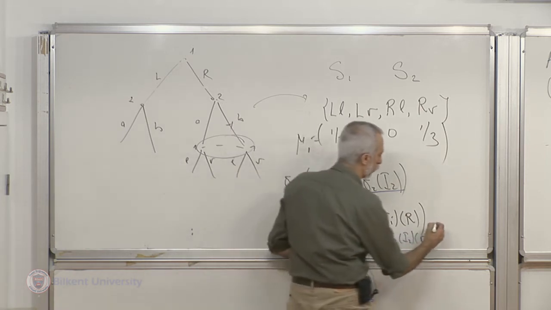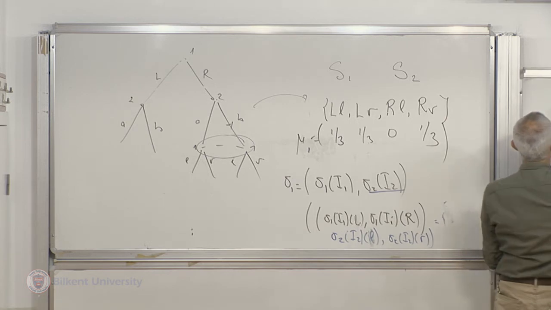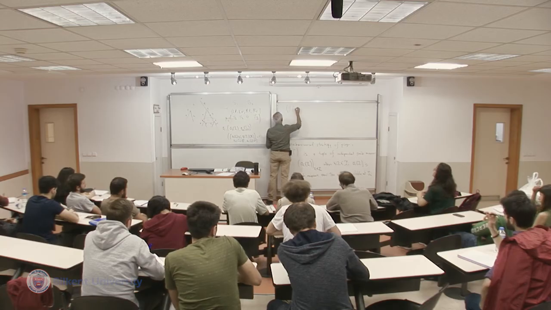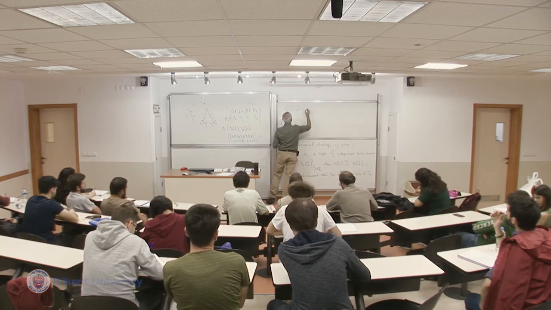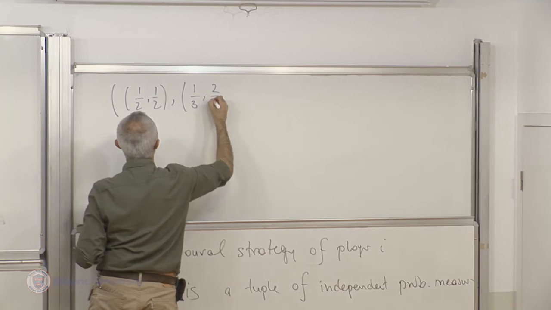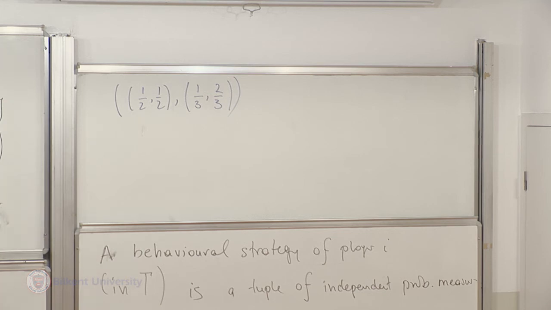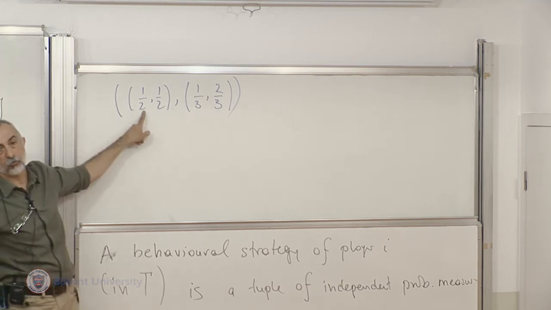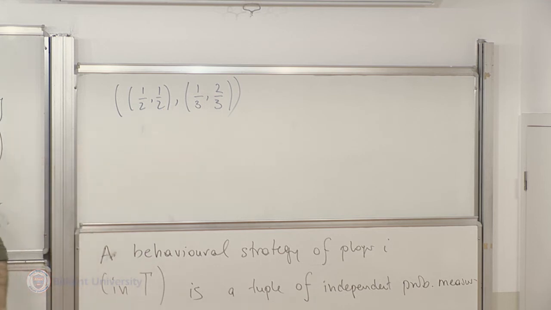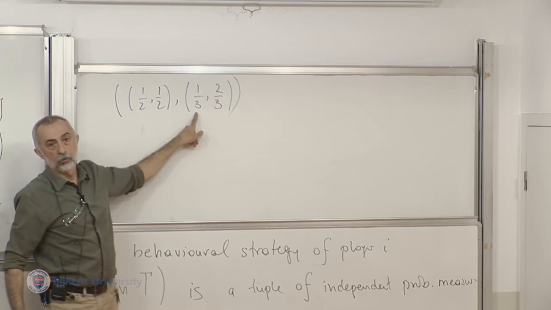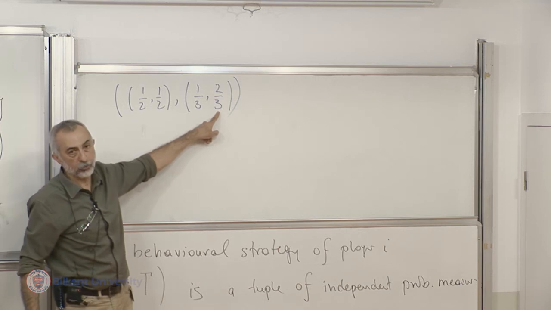So an example for this could be, let me write it over here, 1 over 2, 1 over 2, 1 over 3, 2 over 3. Okay? So at this information set, capital L is selected with probability 1 over 2. Capital R is selected with probability 1 over 2. At this information set, small l is selected with probability 1 over 3. Small r is selected with probability 2 over 3.